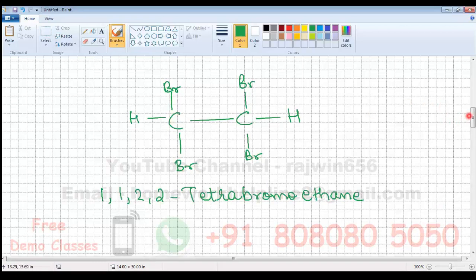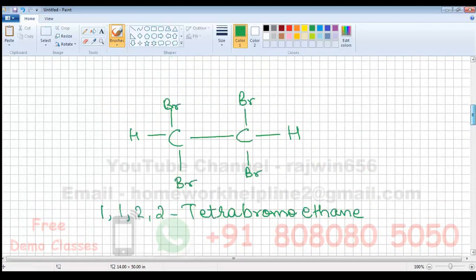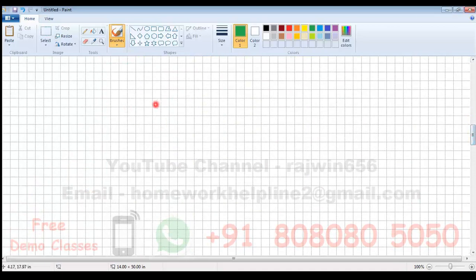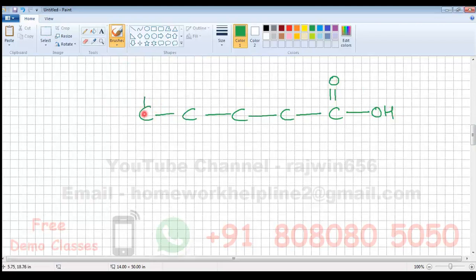The next one. This is a carboxylic acid, right?